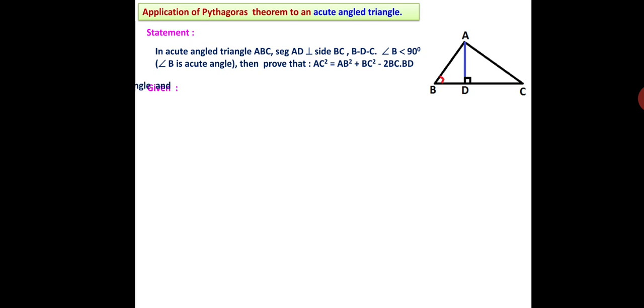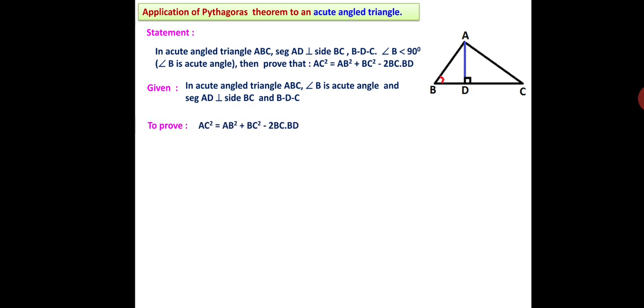From the figure and statement we could write the given things like this: in acute triangle ABC, angle B is acute angle and segment AD is perpendicular to side BC and BDC is the betweenness. What we have to prove is AC square is equal to AB square plus BC square minus 2 BC into BD.